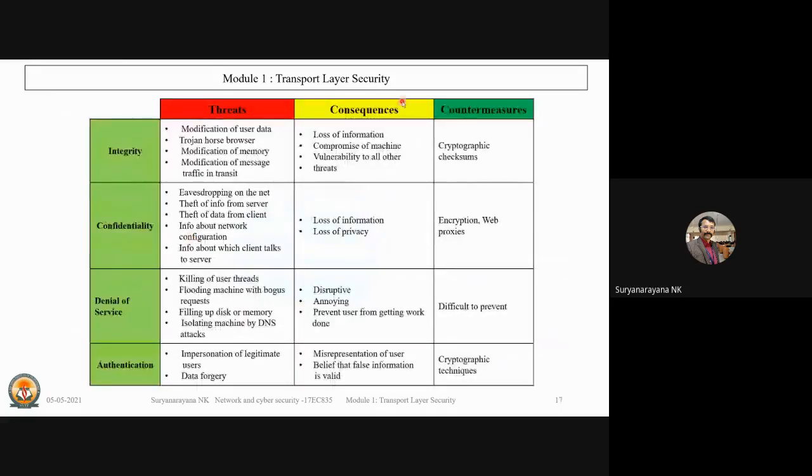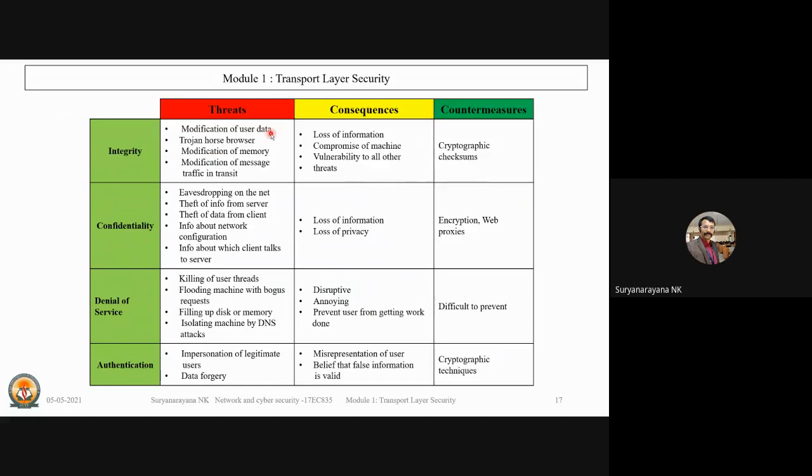Threats, consequences, and countermeasures for integrity of data, confidentiality of data, denial of service, and authentication are mentioned in this table. Let us try to understand various threats to the integrity of data.